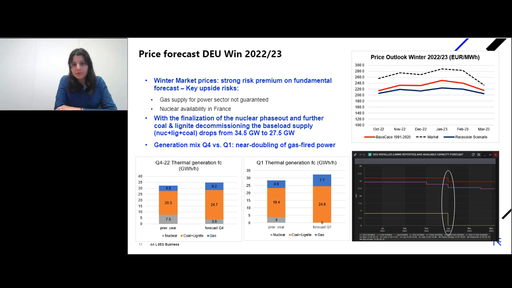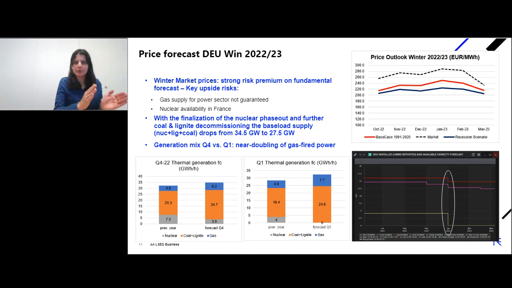First of all, we have to remind ourselves that what we consider to be the baseload capacity in Germany, which is nuclear, lignite, and coal, we see that by end of the year, both the finalization of the nuclear phase out, so 4 gigawatt of nuclear capacity leaving the market, and also the next steps of the coal phase out, as it is the plan as of now.